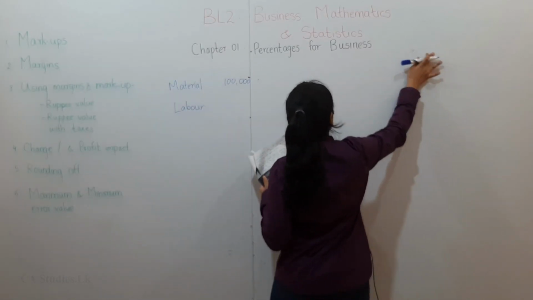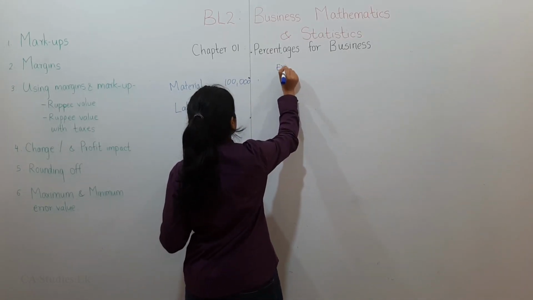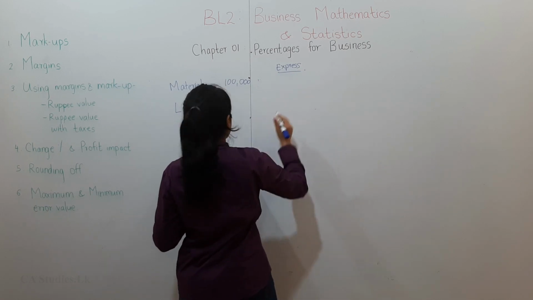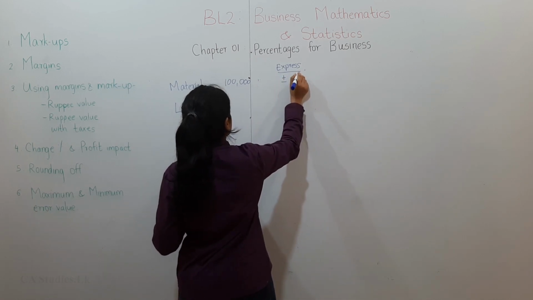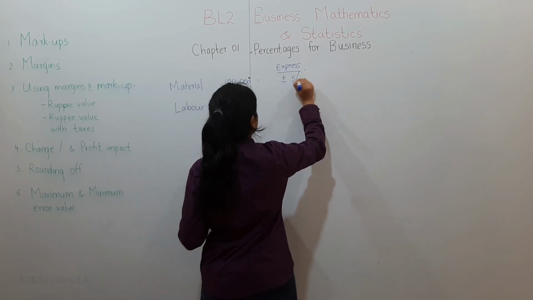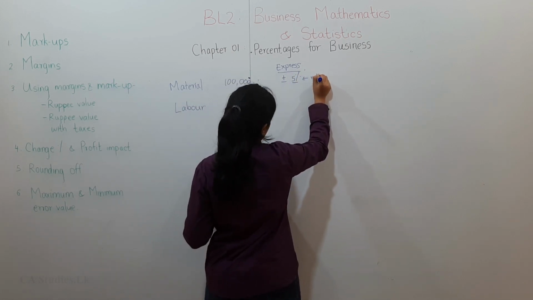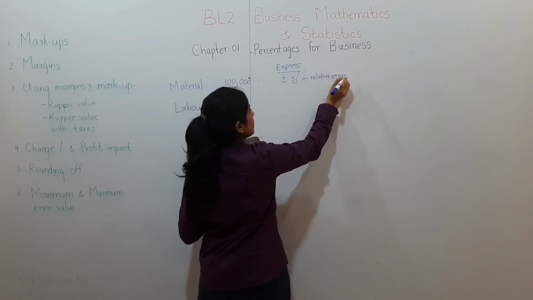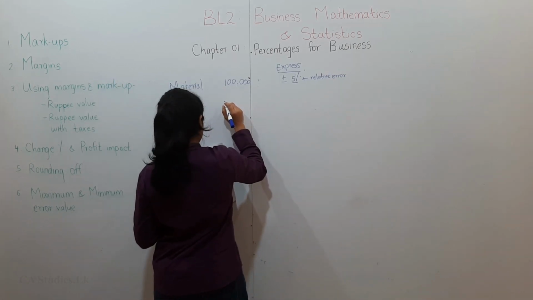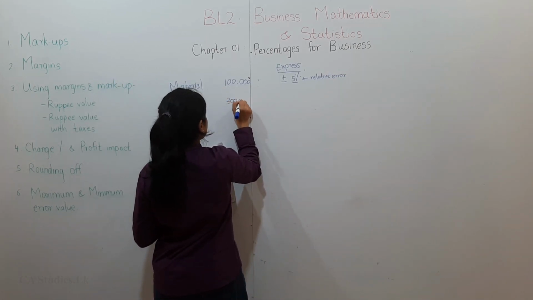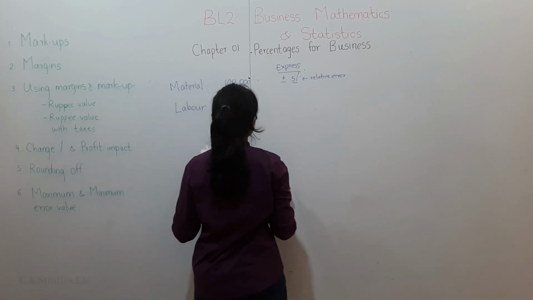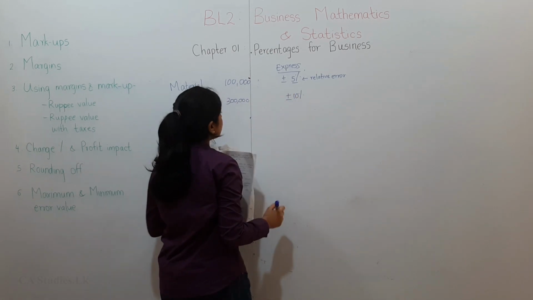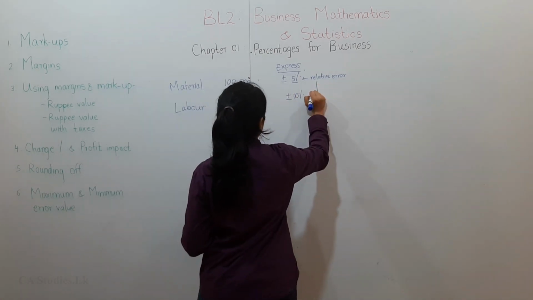So it's expressed already, yeah? The question itself, they gave how much? Plus or minus 5%. This is not absolute error, relative error. The type is same, but the name we call, if it's in percentage, we call it relative error. And 300,000 plus or minus 10%, that's also relative error.